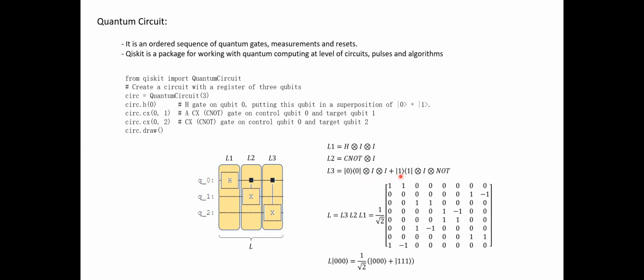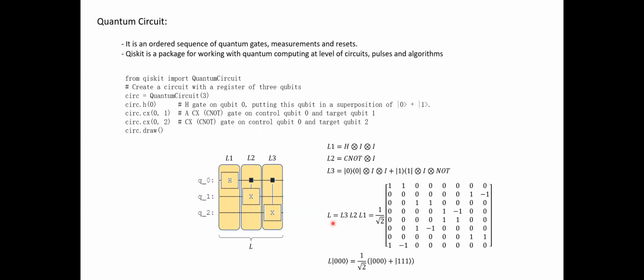And if the first qubit is in the state 1, I need to perform the tensor multiplication of the second qubit, which is still identity because the second qubit is not connected, and the tensor multiplication to the 3rd qubit, which right now is a NOT. It's a NOT gate if the control qubit is 1. So if we perform that operation, we will have a new transformation matrix for the 3rd layer.